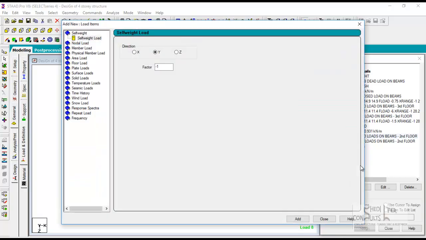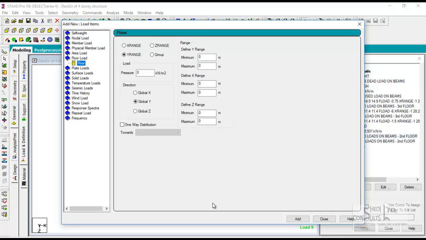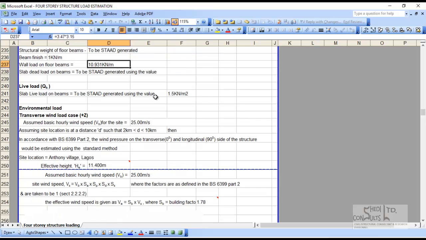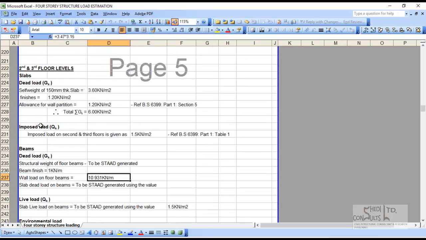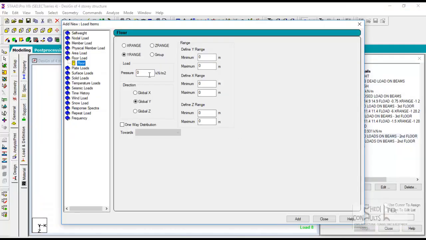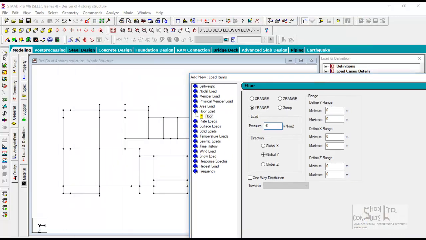Okay, so slab dead load on beam. So you go to floor load. So these are the loads transferred from the slab to the beam. Always take notes. So total dead load here is 6 kN/m square. So you say -6, it's acting downwards. And then come here.